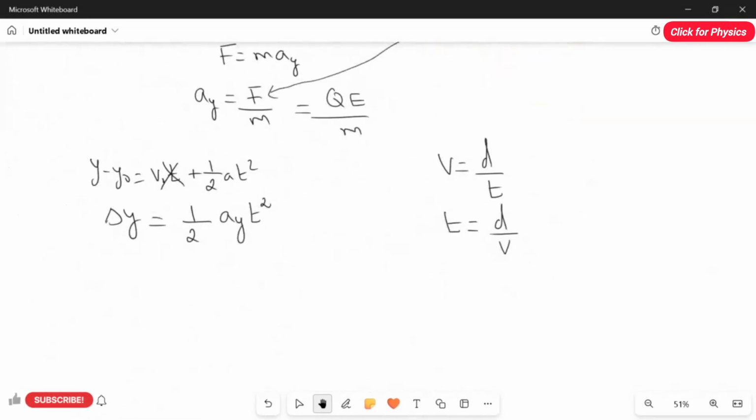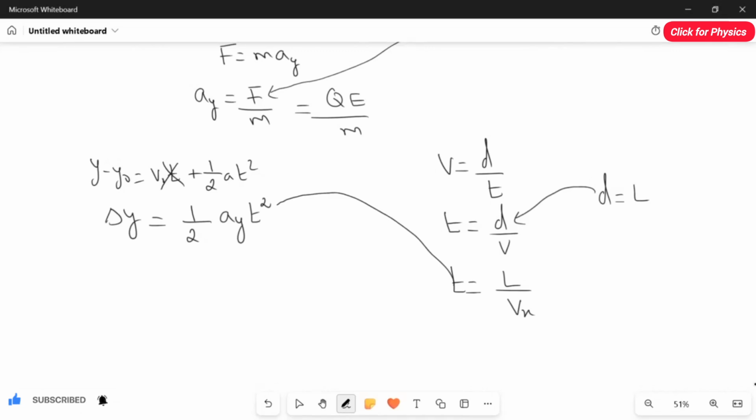So in place of d, I am going to mention d equal to L, and v is the speed of the drops in the direction of x, which is v of x. So t is equal to L over v of x.